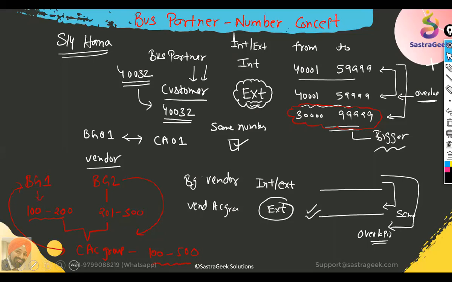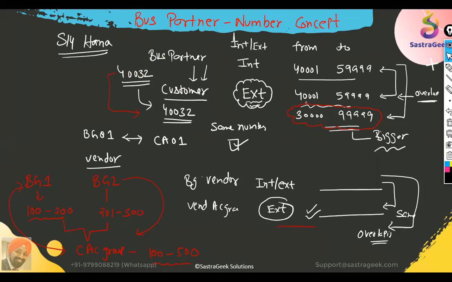Yeah, sorry. So in this example, if I want to have the same number for business partner and customer, and if vendor is external, then even the vendor will have 40032. Yes, so this 40032 is the same number for your business partner, customer, and the vendor, if the same business partner is also linked with the vendor and the vendor also has been given the same number range.